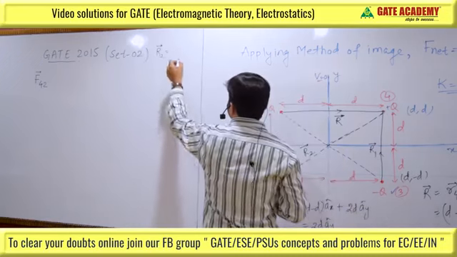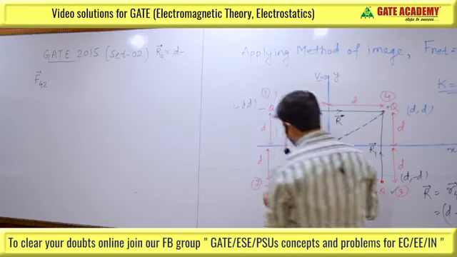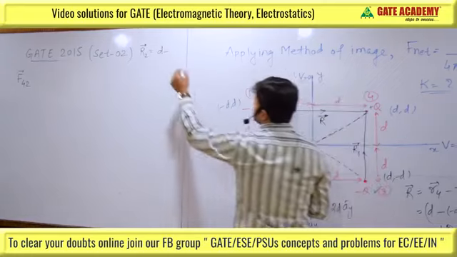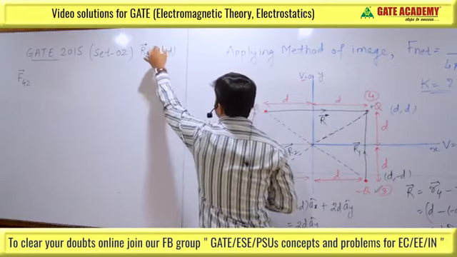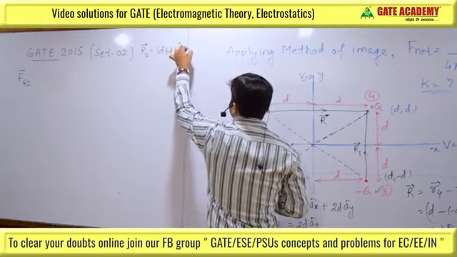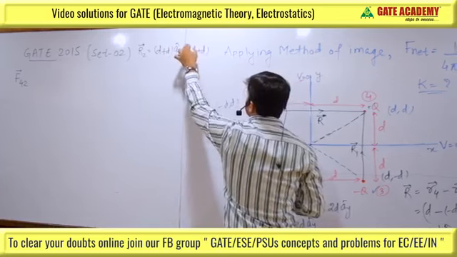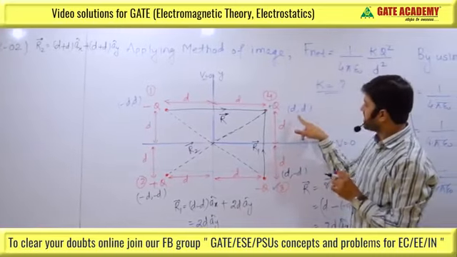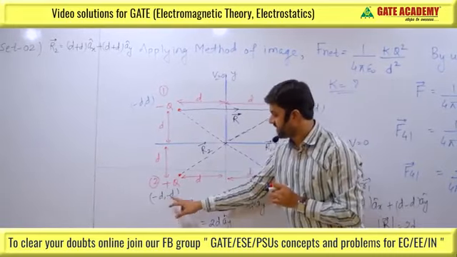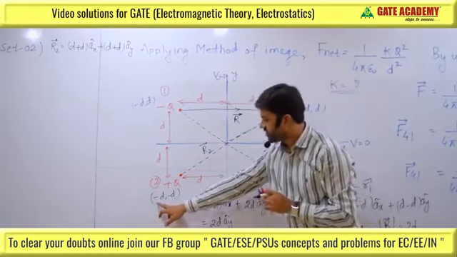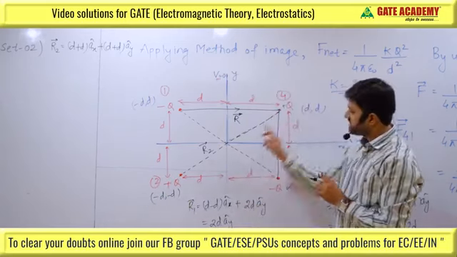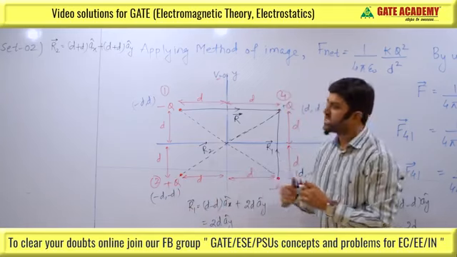this is d, and this coordinate will be minus d comma minus d. So this is d plus d ax cap plus d plus d ay cap, because these both are d, and this is minus d and minus d. So d minus of minus d, that is 2d ax, and d minus of minus d, that is 2d ay.